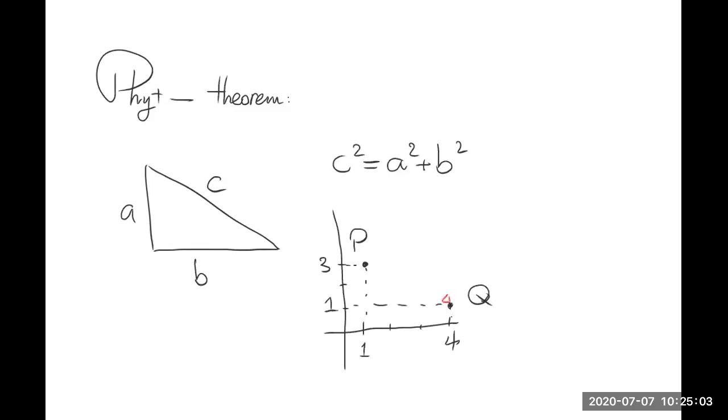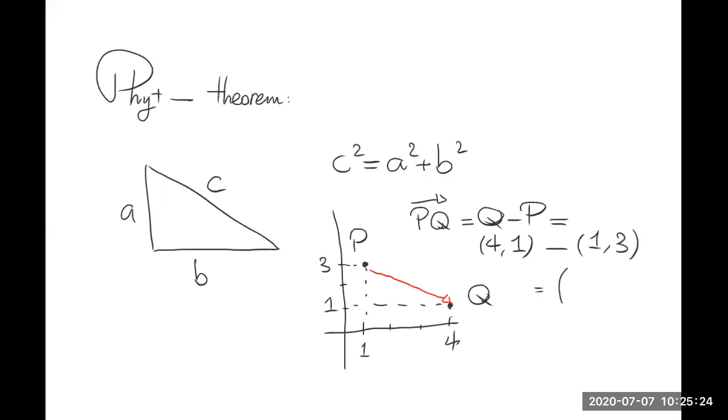If we consider the vector connecting them, PQ, this vector is going to be Q minus P. Q is 4 and 1 minus P, which is 1 and 3. The result is 4 minus 1, which is 3, and 1 minus 3 is minus 2.